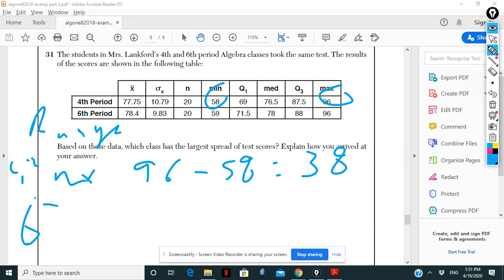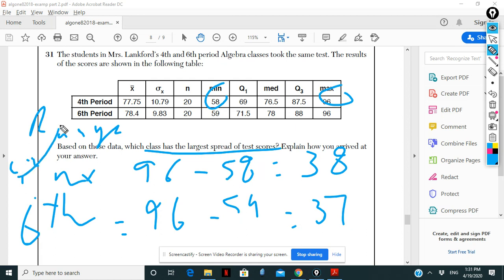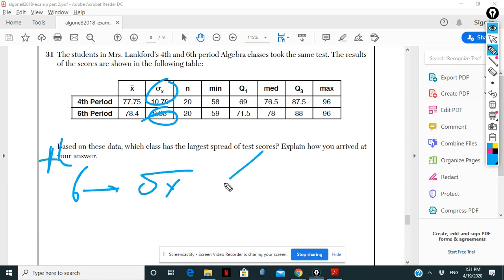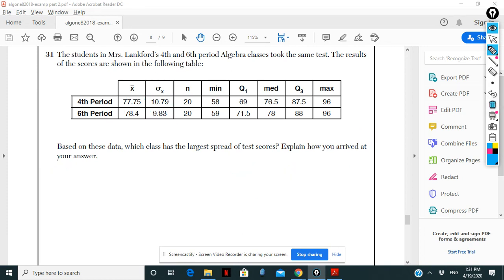For the sixth, it's 96 minus 59, giving me 37. So the one with the largest spread is going to be the fourth period. One more thing, if you're looking here, the standard deviation shows you the spread. So the sixth period has the least standard deviation, the sixth less than the fourth. So that's also going to be a result that the fourth has more spread data.